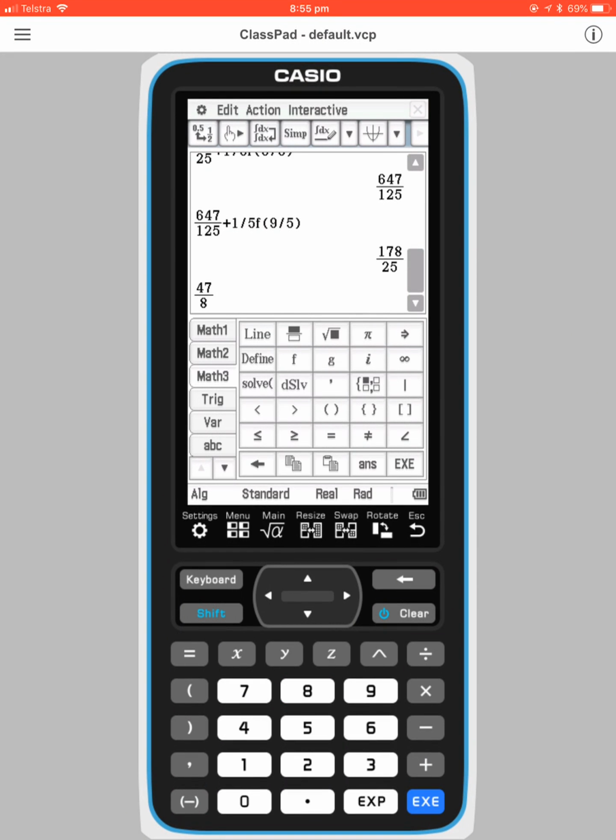We get 5.875. But then I get 178 on 25, which is using 5 steps. And you can see we get 7.12. So y5 is equal to 178 on 25, which is 7.12.